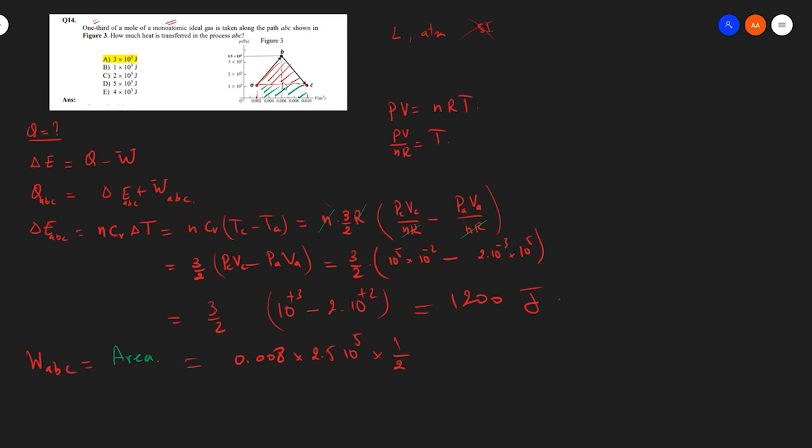The base multiplied by the height over 2 gives me the first area, plus the rectangle. The rectangle is the base 8 times 10 to the minus 3 multiplied by the height 1. And when we do the calculation, I check my notes here, it gives me 1800 joule.